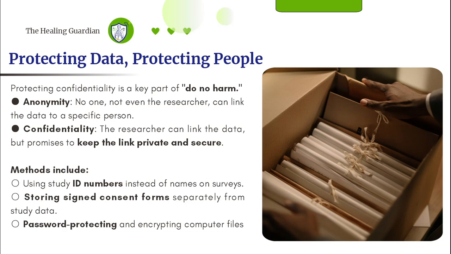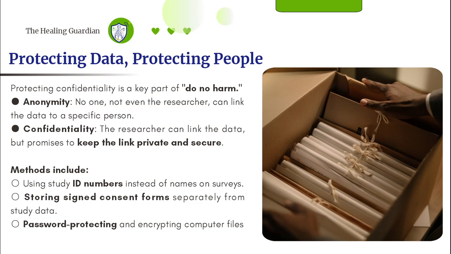You collect data in a way that not even you can identify the people to whom those data sets belong. That can be done using online platforms. But there are cases where you cannot, where you the researcher have to be confidential. So the researcher can link the data but promises to keep the link private and secure.